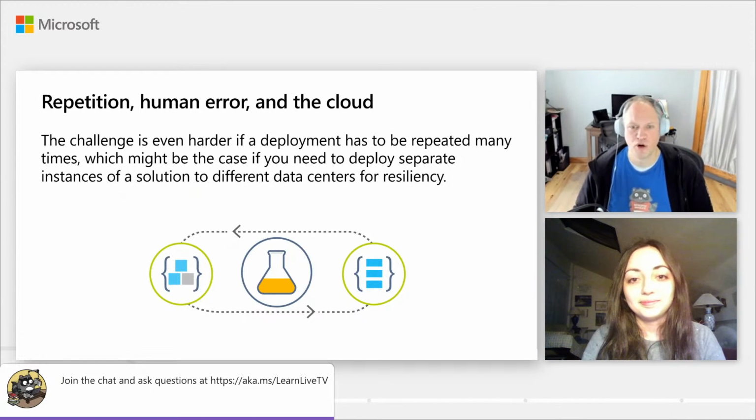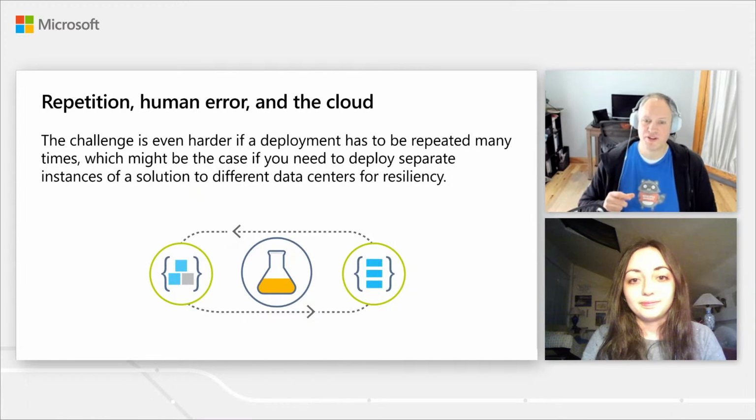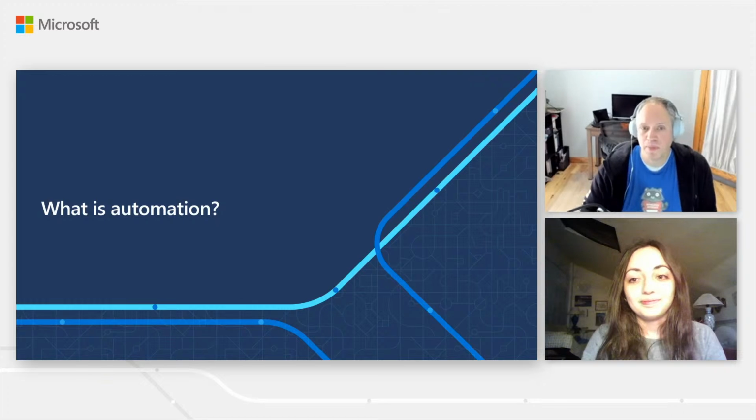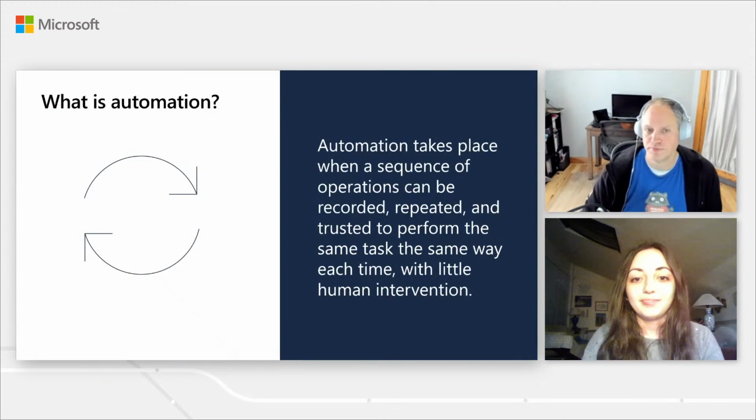This can lead to repetitive work, which opens the door to human error. Even small differences in how environments are provisioned can lead to operational problems over time. And if I have to work in multiple cloud environments, maybe from different cloud providers, I often need different tools for each one. So what can help here? Well, that's where automation comes in. So, Foteini, what can you share with us about automation?